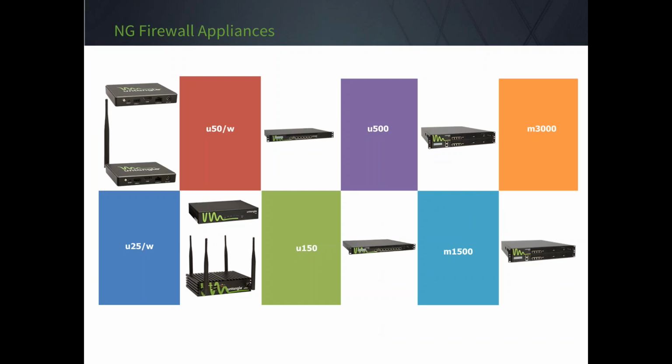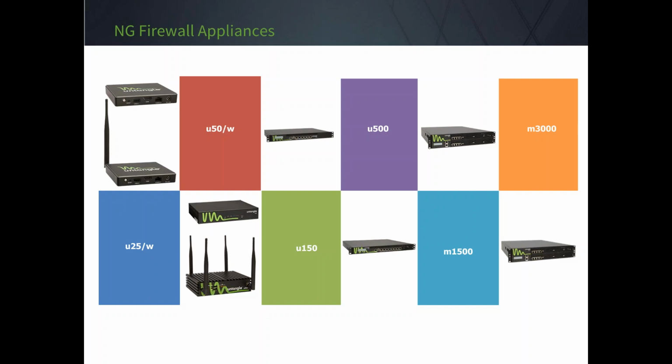So as I alluded to in the first slide, you can look at Untangle in a bridge or a route or firewall mode, and deciding on how to deploy it is really the next step. Untangle has a suite of appliances that you see here on the screen. We go from as small as a U25 to an M3000. So we offer appliances, you have deployment options, and then software would be added to these according to your size of the network.